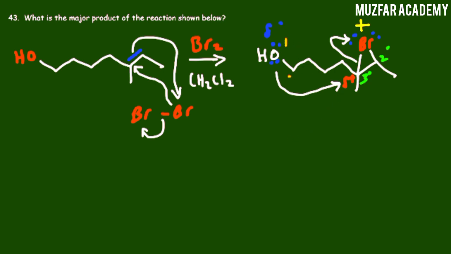We'll call this atom 1, 2, 3, 4, 5, 6. So we're going to have a 6-membered ring with an oxygen atom being part of it. Now, on carbon 6, we have an ethyl group here.